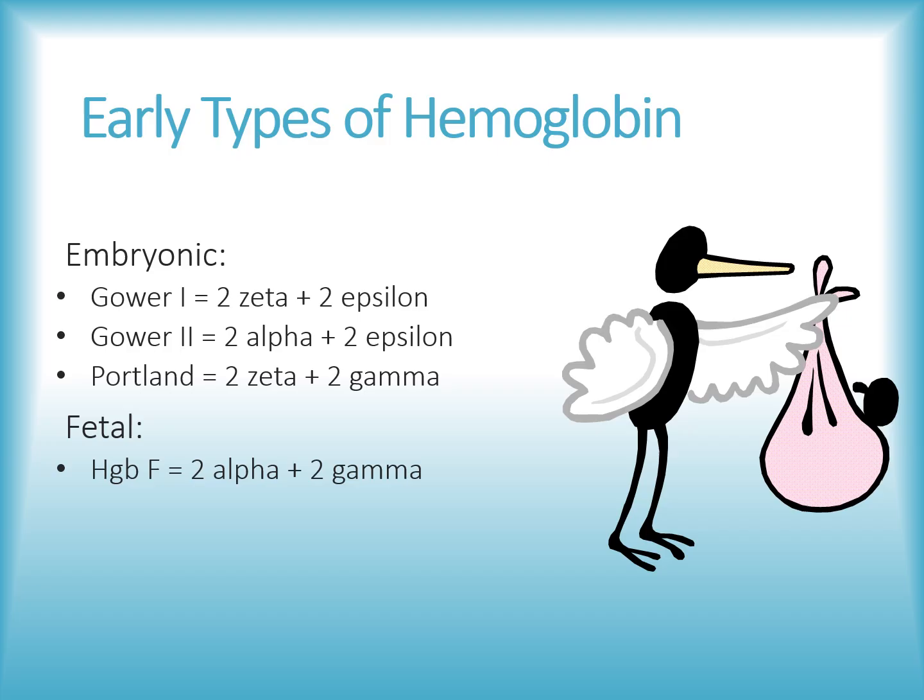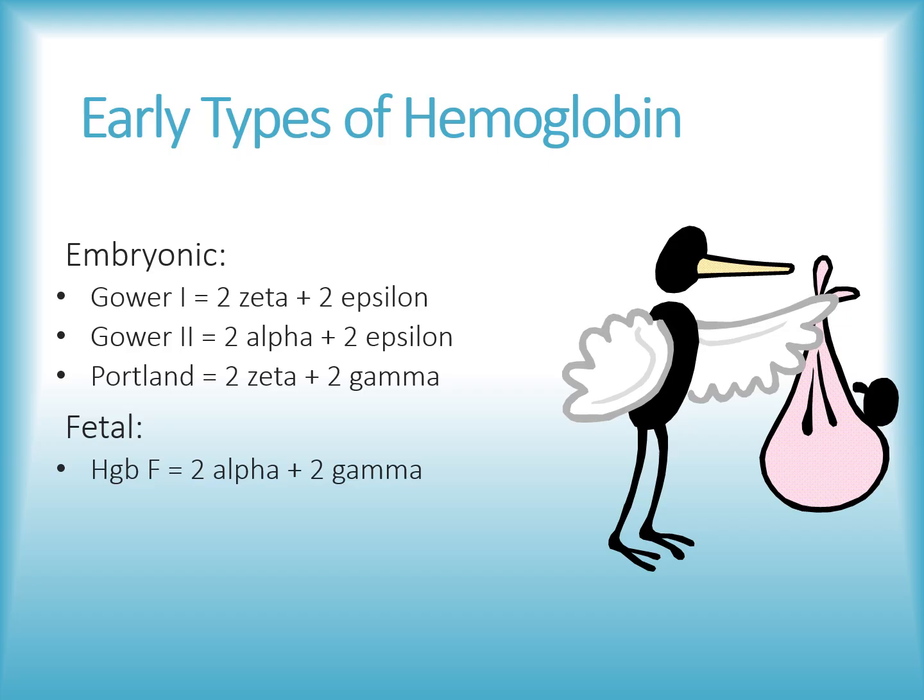At about 6 months of fetal development, maybe slightly earlier, probably between 4 and 5 months, we have a full-on development of fetal hemoglobin, and this is called hemoglobin F. This is where we start to see the first part of our hemoglobin very consistently made with 2 alpha globin chains.